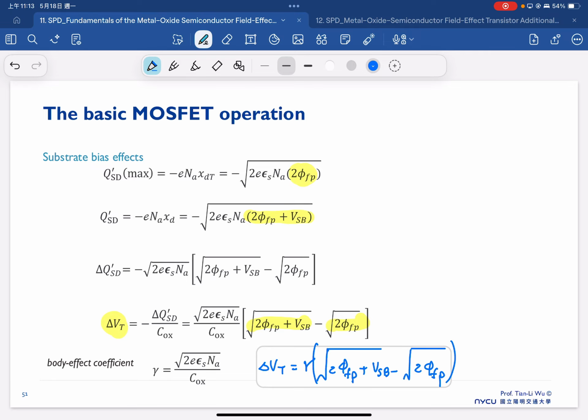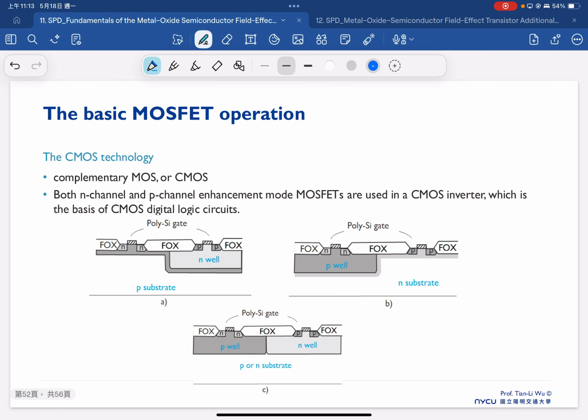So another very important technology that we have from the beginning of this typical MOSFET, after the evolution, is what we call the complementary MOS, the CMOS, where the CMOS is a combination of an NMOS and a PMOS.